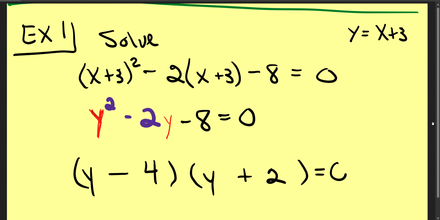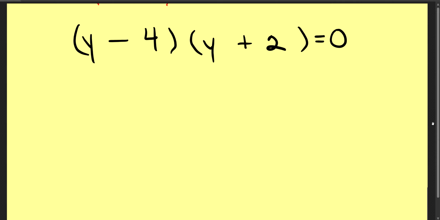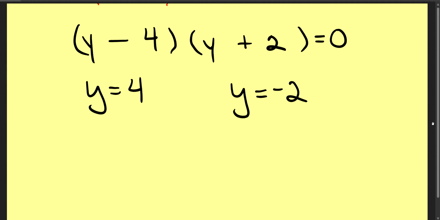That makes it equal to 0. Okay, so here I am now. For this one, y equals 4 satisfies this equation, and for this parentheses, y is going to equal negative 2 to solve for y.